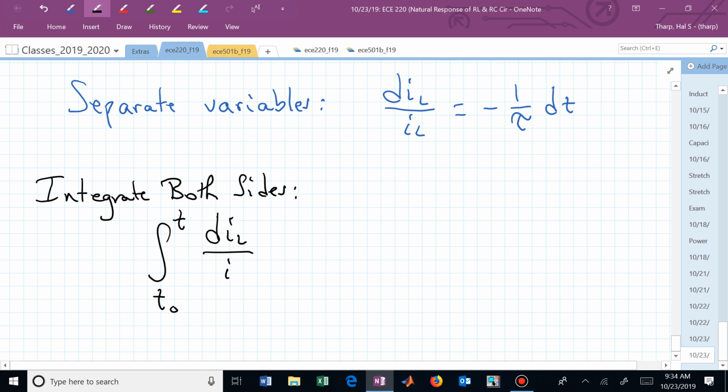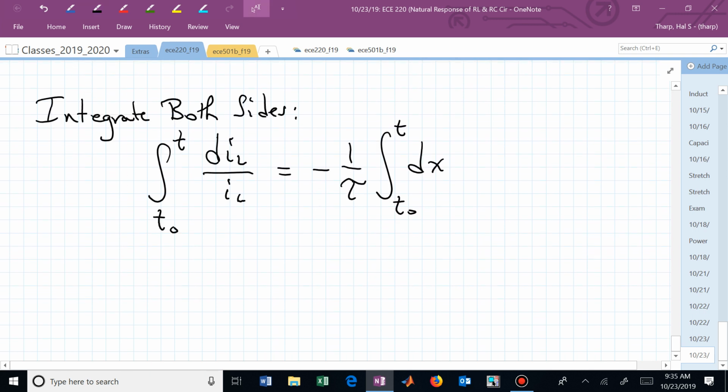di sub L over I sub L is equal to, and the 1 over tau, that's a constant. We'll just pull that out in front of the integral dx from t sub 0 to t. What's the integral of dx over x?